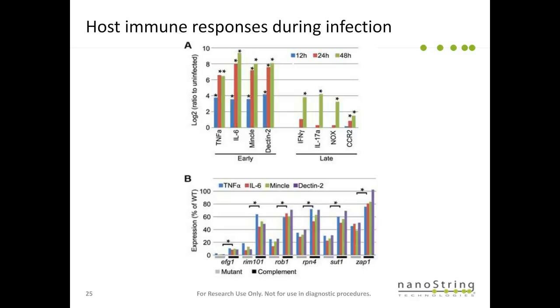So in all 6 cases, there is a significant difference in the amount of immune response induced by the complement strain versus the mutant strain. This is not that surprising because we know that the mutant strain fails to really kill the mice. So the colonization level, the number of CFUs from the infected tissue, is much lower from the mutant, and this is also reflected in the more muted response from the host immune system.